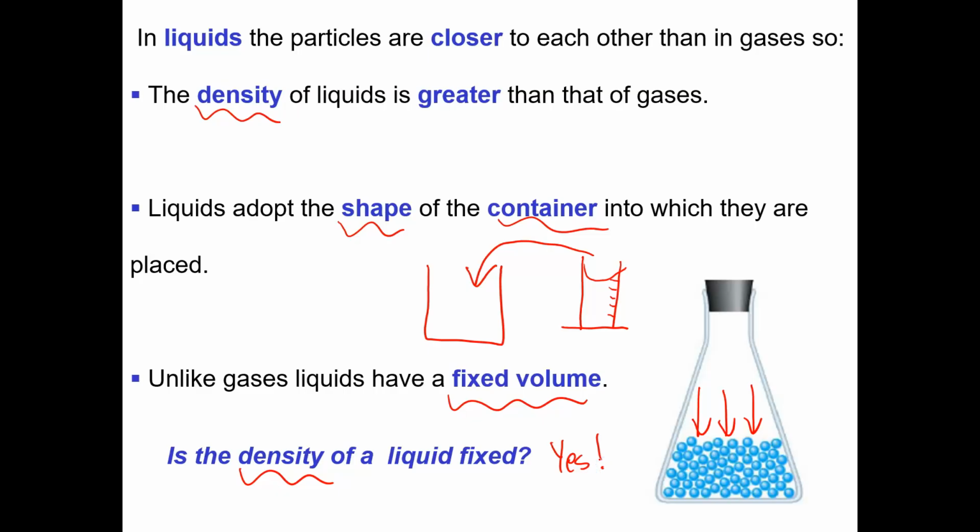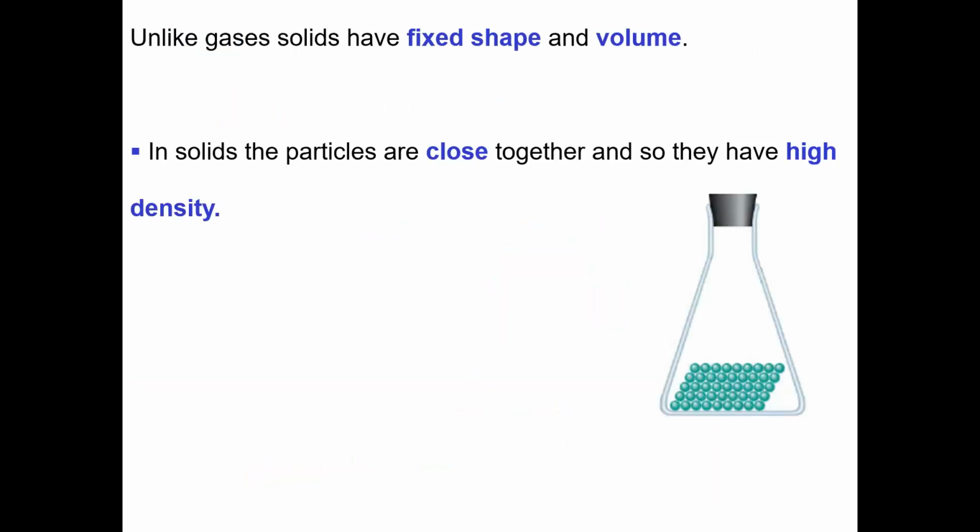And you can test this yourself. If you grab a water bottle that's full of water and try and compress it, you really can't compress it. There's just not a lot of space between those water molecules. So gases are the only state of matter that has a variable volume and a variable shape.